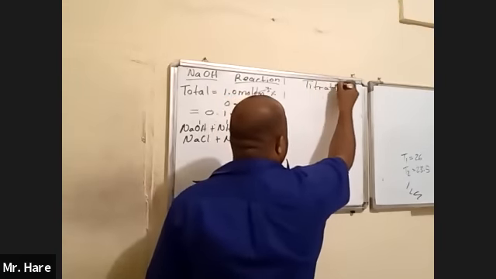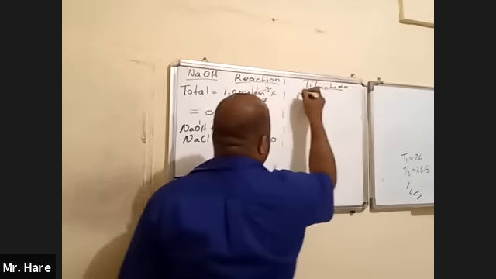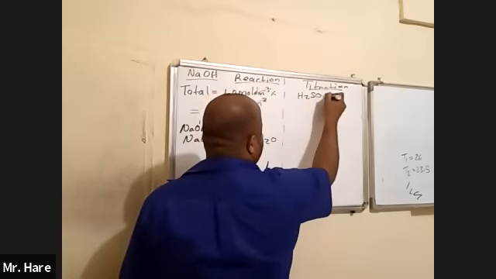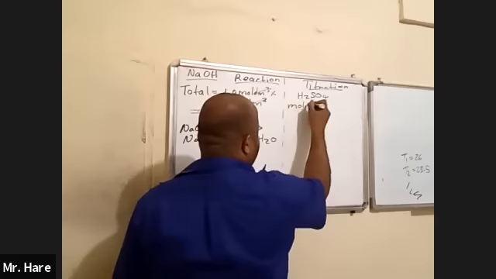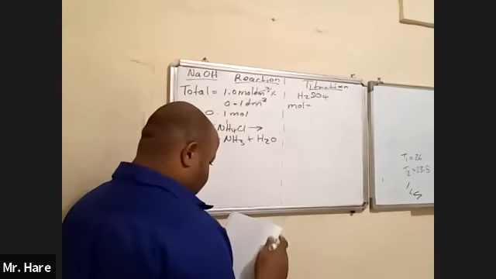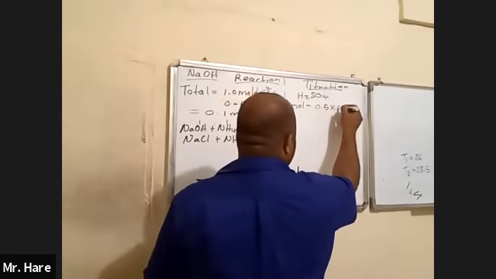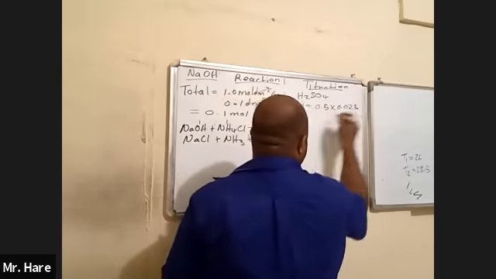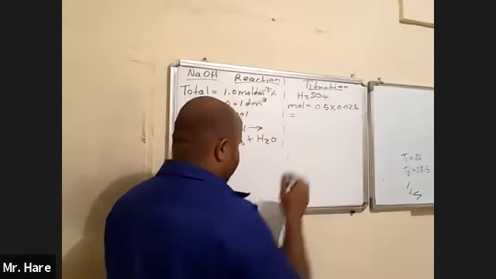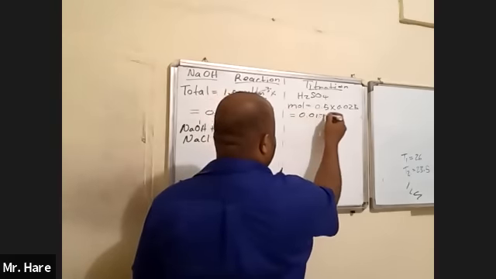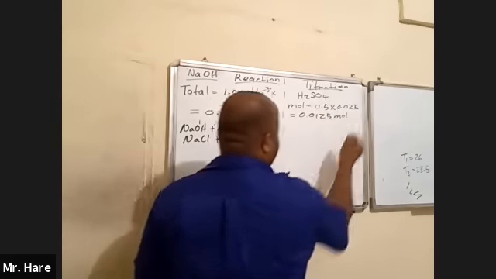And in the titration, we use sulfuric acid, right? And the moles of sulfuric acid was 0.5 times 0.025, and we got 0.0125 moles.